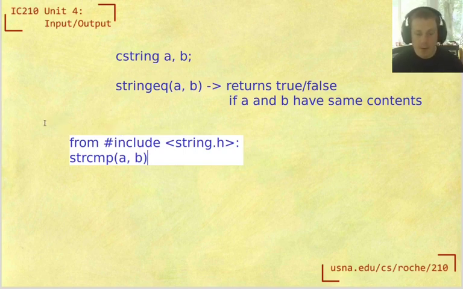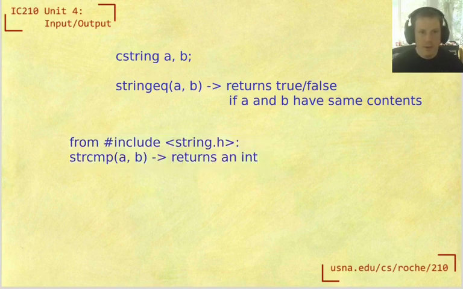So strcmp returns one of three possible kinds of values. It returns an int, and what is that int going to be? There's three cases.